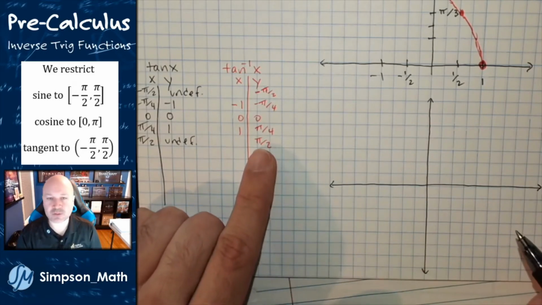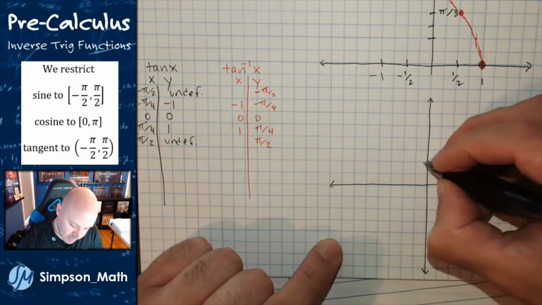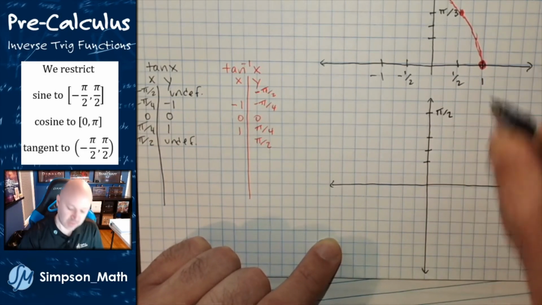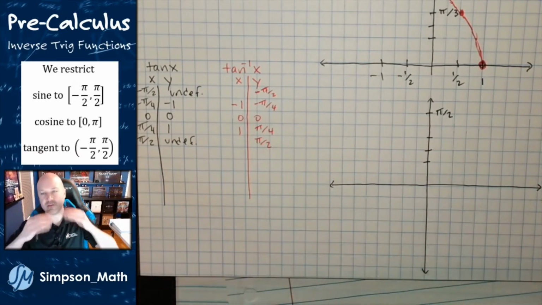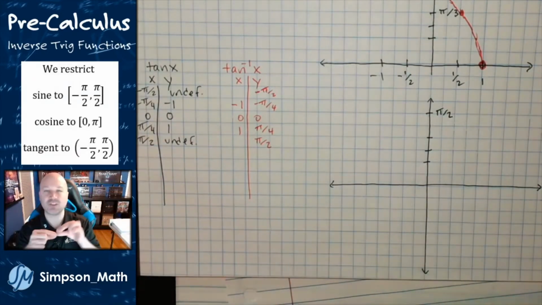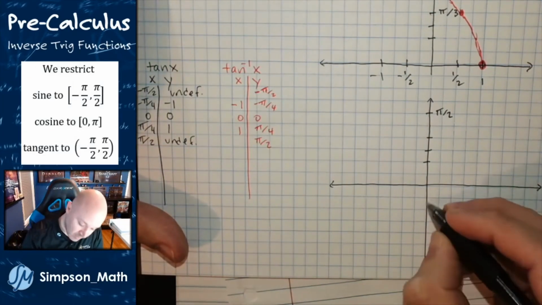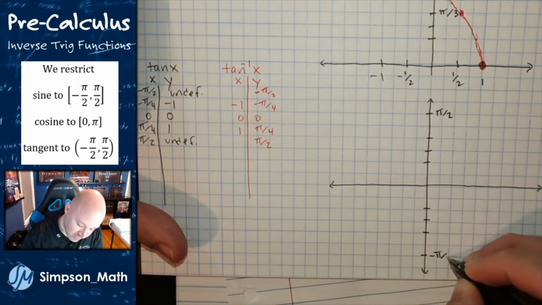Now I need to go up to at least pi fourths, but I think I'm going to go up to pi halves. So I'm going to go skip, dash, dash, dash, skip, dash. Because we restrict it to pi halves with a parentheses, we go up to pi halves, we just can't include pi halves. Similarly down below, skip, dash, dash, dash, skip, dash. This is negative pi halves.